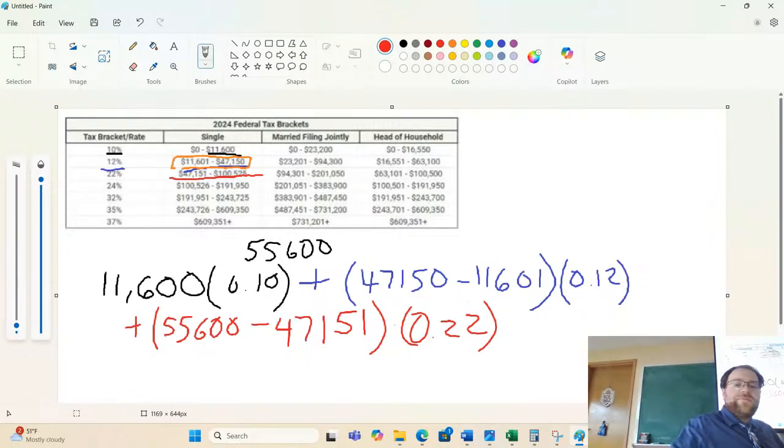So then if you type all that out there, what number do you get?